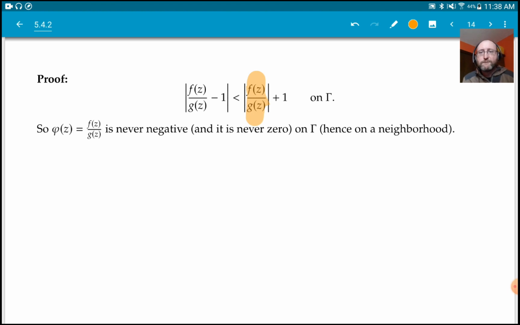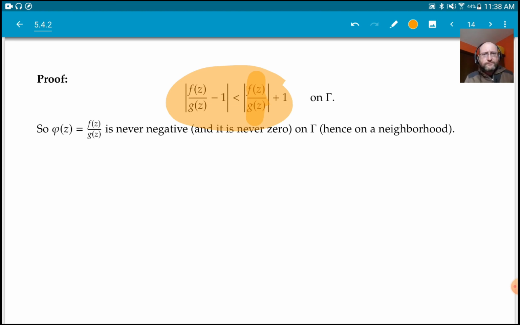And that function is never negative. Well, that follows from this inequality. I have a function, right? For z on gamma, neither f nor g has a 0 or a pole, right? So this is a perfectly holomorphic function on gamma, right?